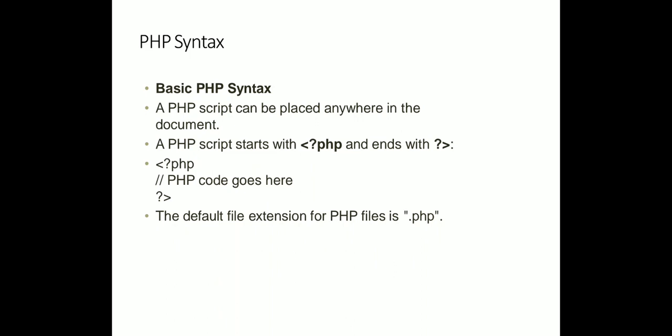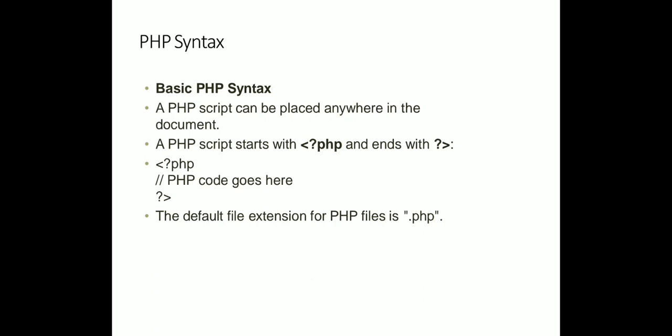Now, how is a PHP script written, or what is the basic syntax of PHP? A PHP script can be placed anywhere in the document. It starts with the opening tag, angle bracket, question mark, PHP, and ends with a question mark and closing angle bracket.